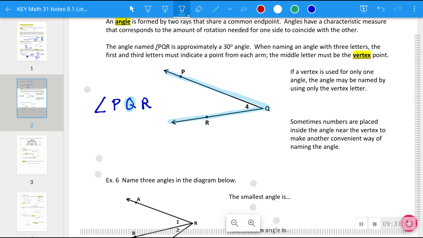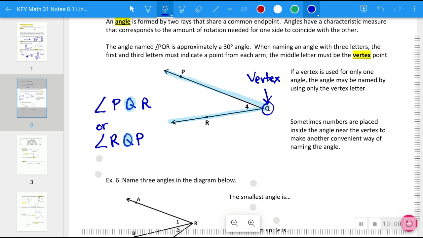So you can say angle PQR, or you can say RQP, but once again, that shared point has to be the middle letter. You use three letters, one from each arm, and the middle one has to be the vertex, it's called. So Q is the vertex on this one. So this is the vertex. I'm going to label that.